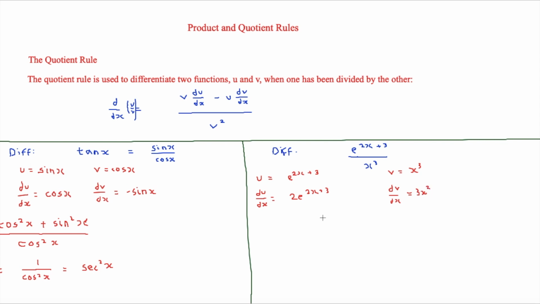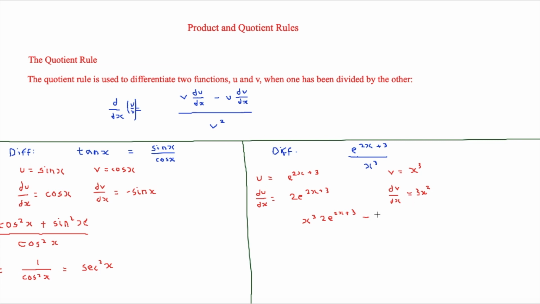So therefore, we'll put it in, and that means that we're going to get v du over dx. So that's going to be x cubed, and then we've got the du over dx there. So that's going to be x cubed 2e to the 2x plus 3. And then minus the u dv over dx.